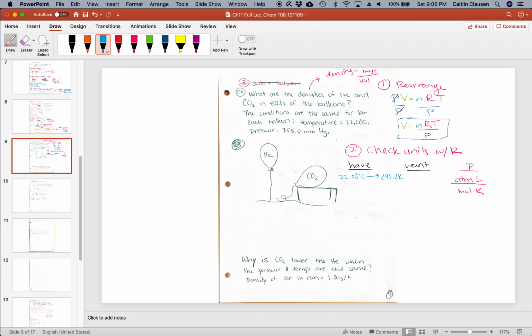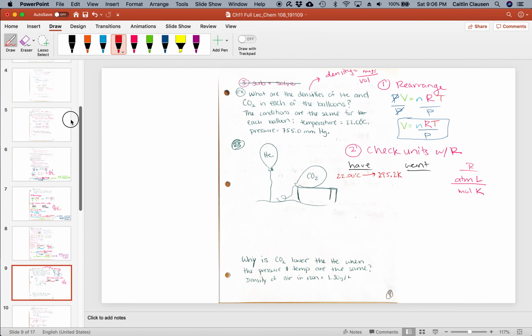Using the wrong color, it should be red for Kelvin. 22.00 degrees Celsius to Kelvin. So I'm adding that 273.15, and that is 295.2 Kelvin. We're also given pressure in millimeters of mercury.